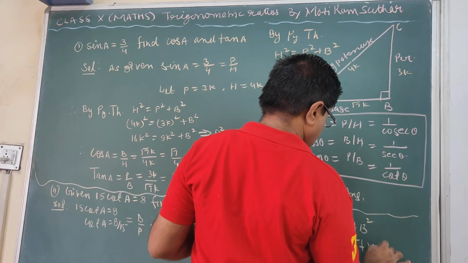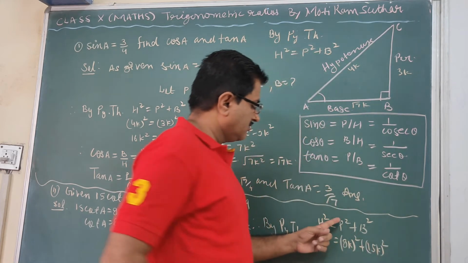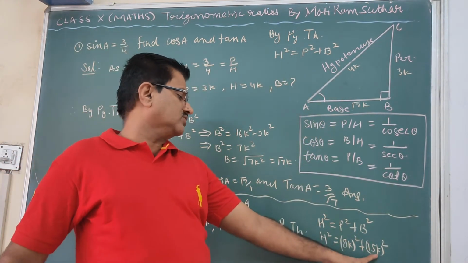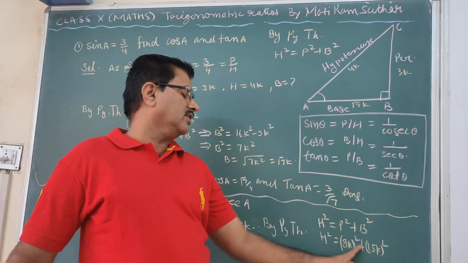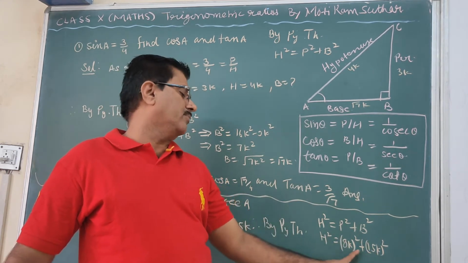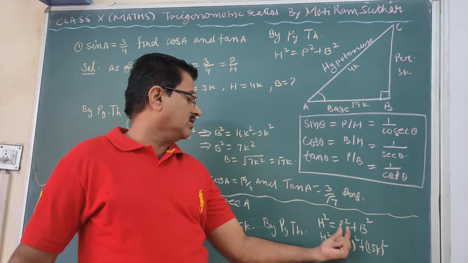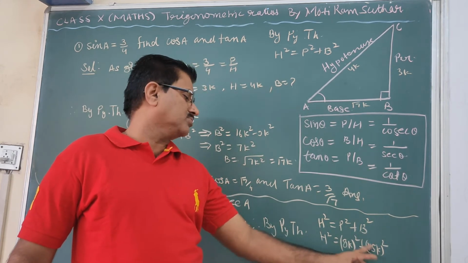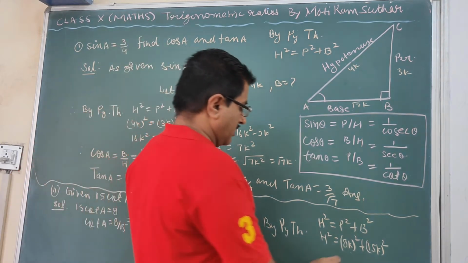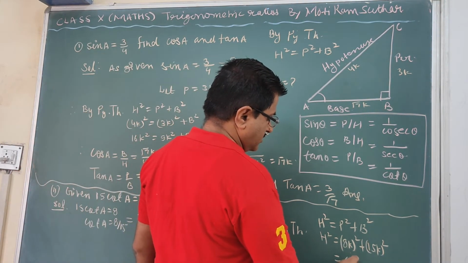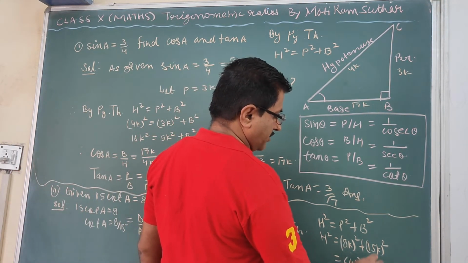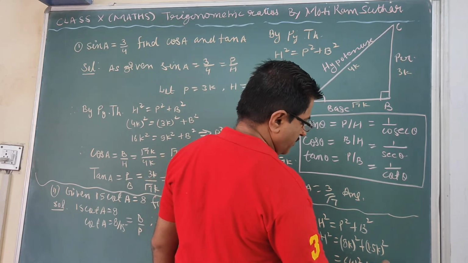You can take any order because addition is a commutative property. So 8 square is 64k square, 15 square is 225k square.